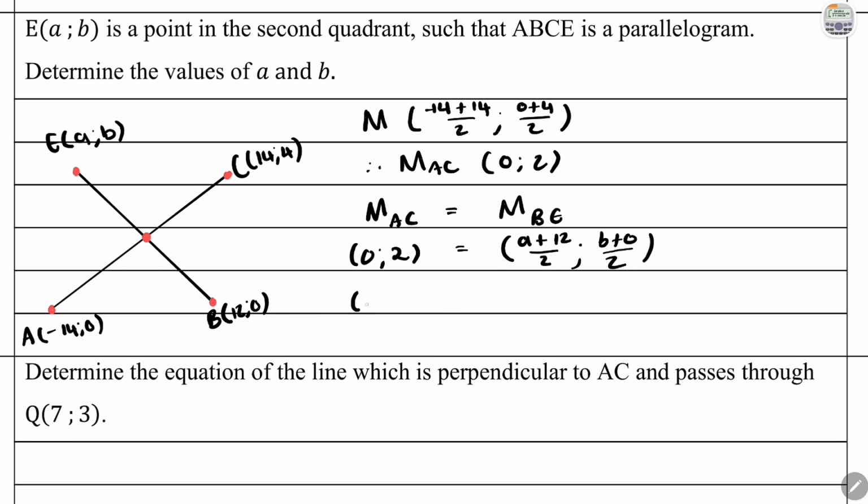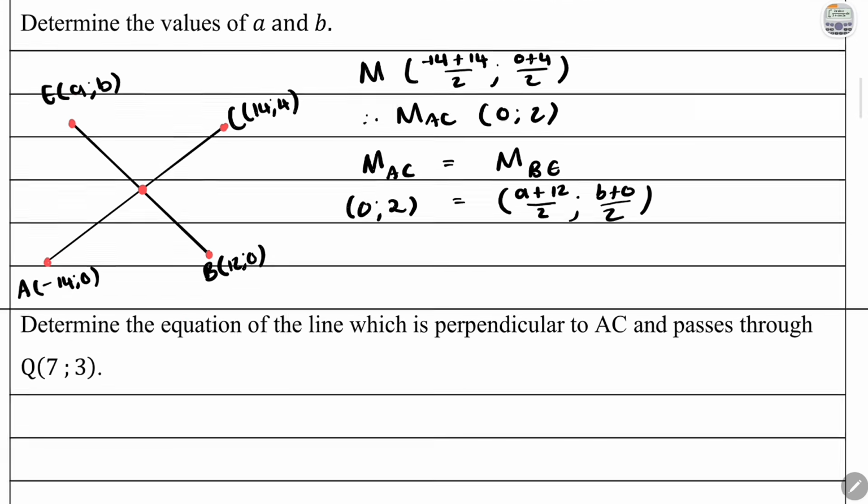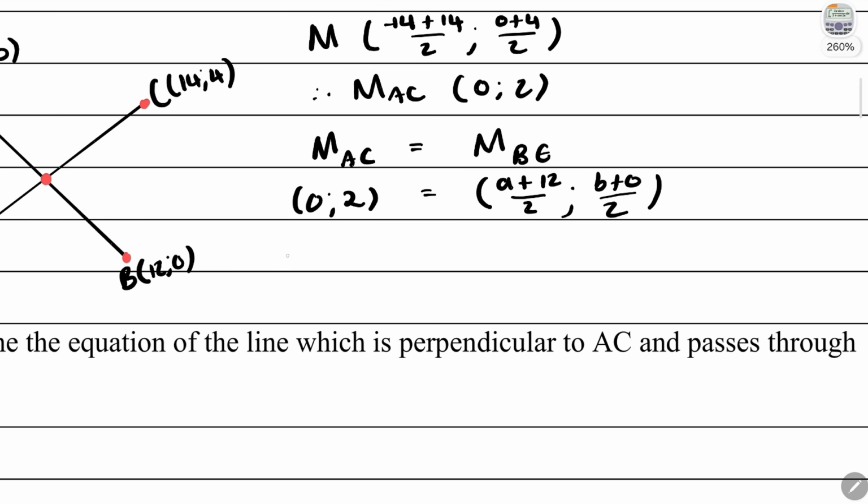So 0 and 2 are exactly the same as a plus 12 over 2 and b over 2. We don't really have to write this out. So we're saying 0 is equal to a plus 12 over 2, and 2 equals b over 2.